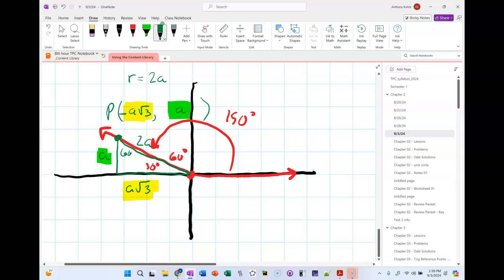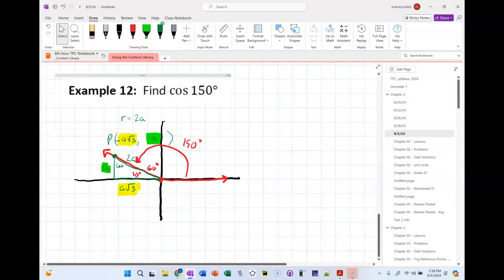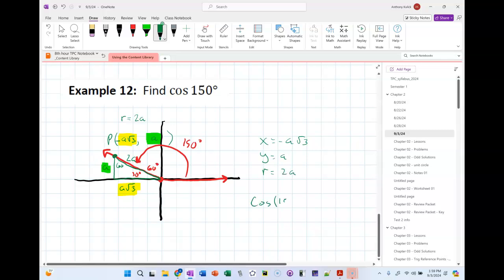That's our r, the distance between the point P and the origin. So I know that x is negative a root 3, y is a, and r is 2a. So if I do cosine of 150, that is just x over r, which simplifies down to negative root 3 over 2.